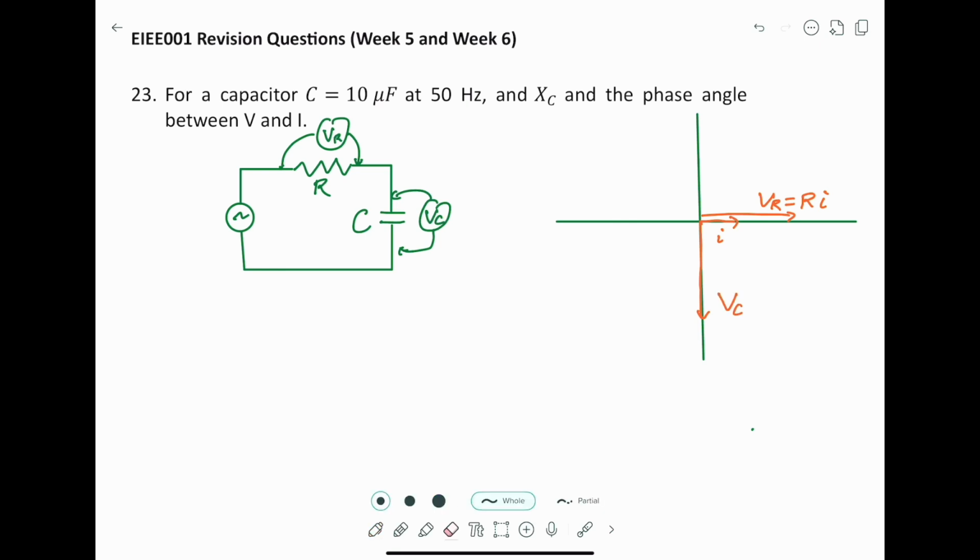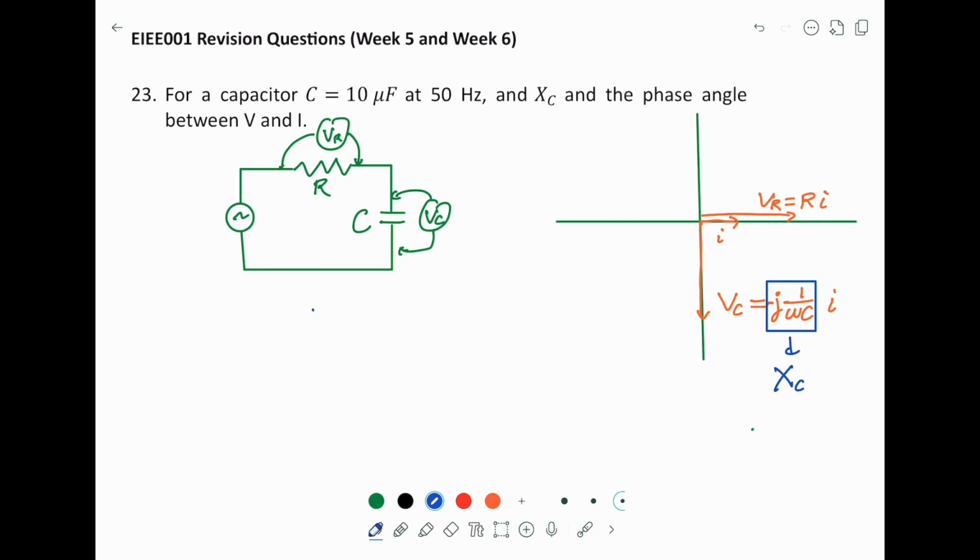But it is also proportional to the current, even though it is 90 degrees behind the current. So we can write this, and this is I. The proportional constant is 1 over omega C. To represent that this is 90 degrees behind the current, we put the negative j here as a complex number. This is our complex impedance for the capacitor.